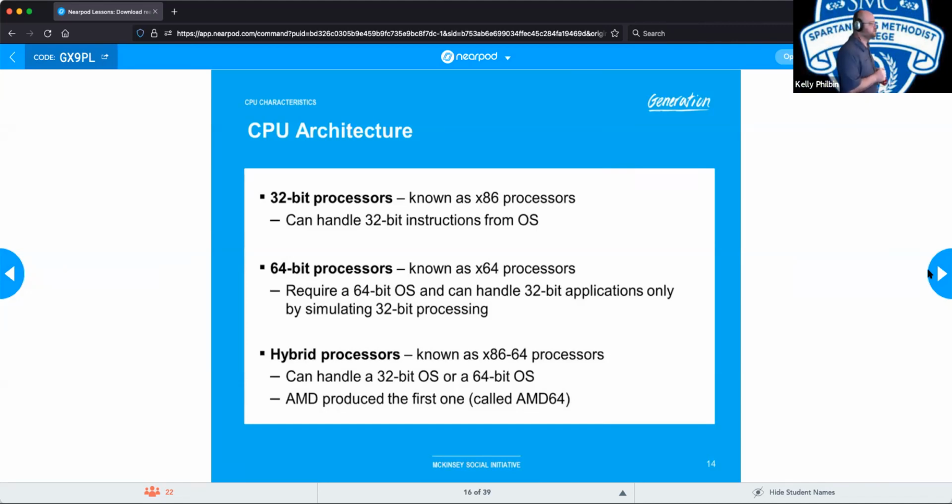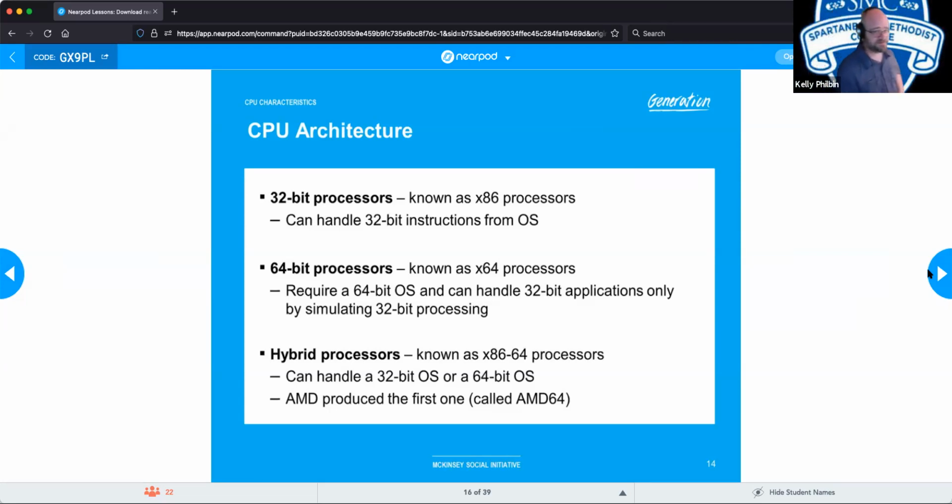They do have hybrids that can do both, and AMD produced the first one of those, the AMD 64. But typically they are one or the other. And 32s cannot be tricked to operate on 64s. It is a one-way street. You can't get a 32-bit to run 64-bit applications or operating systems, but you can get 64 bits to run 32-bit operating systems and applications.